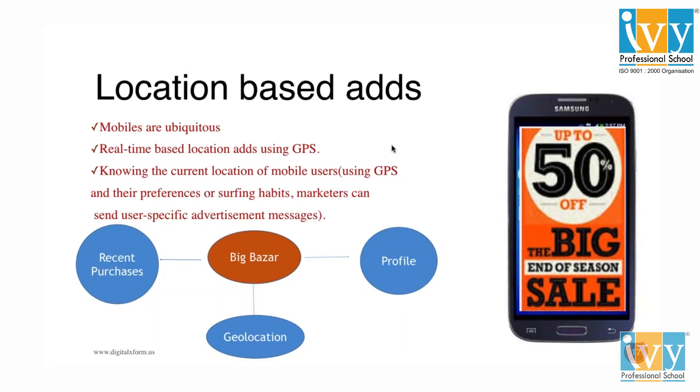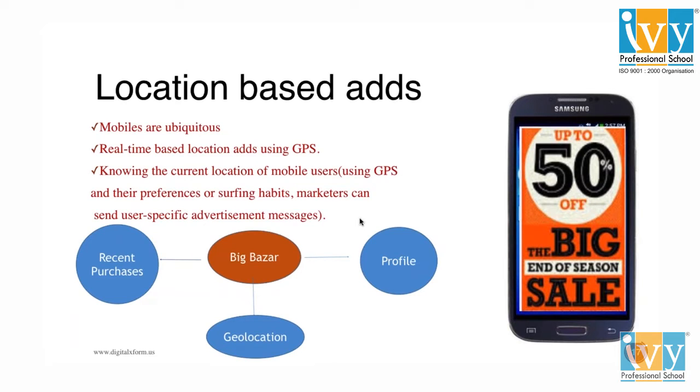Another example is location-based ads. Mobiles are everywhere, so real-time location-based ads can be given using GPS. Suppose you are walking near Big Bazaar with your mobile. Quickly you get a message: we have a sale going on this product.